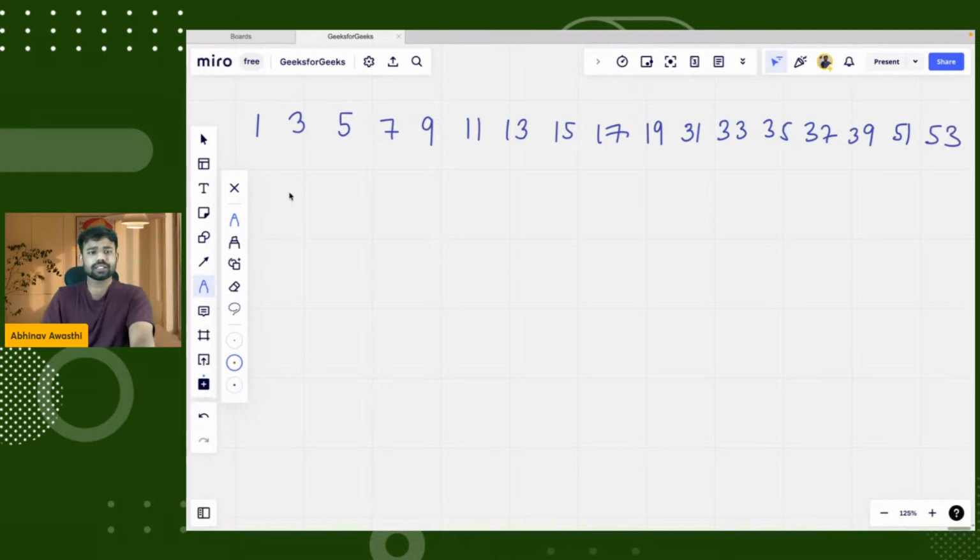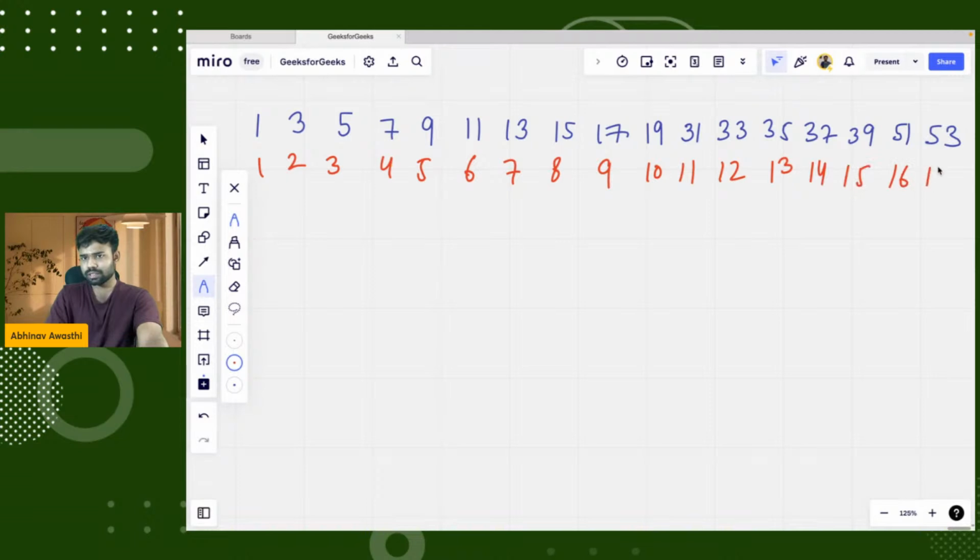So you can see this is the first number, second, third, fourth, fifth, sixth, seventh, eighth, ninth, 10, 11, 12, 13, 14, 15, 16, 17, and so on. So guys, this is how the numbers are given to you.